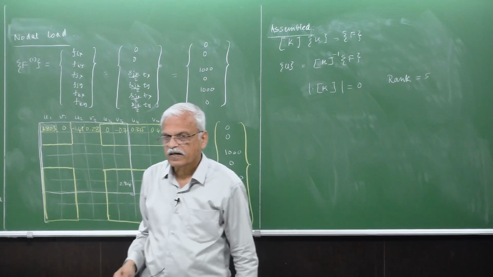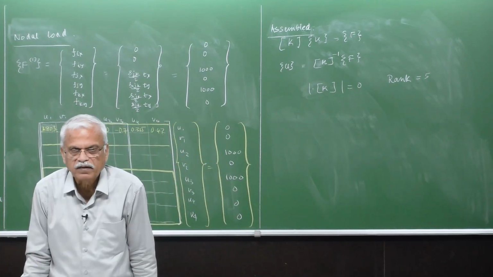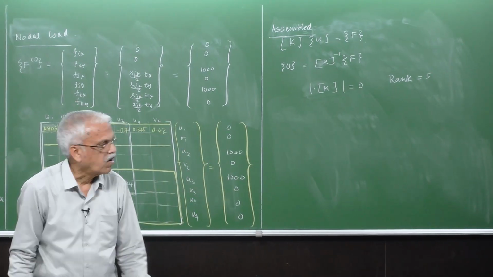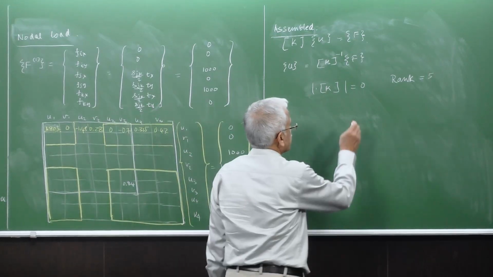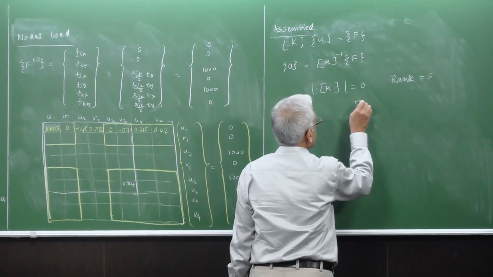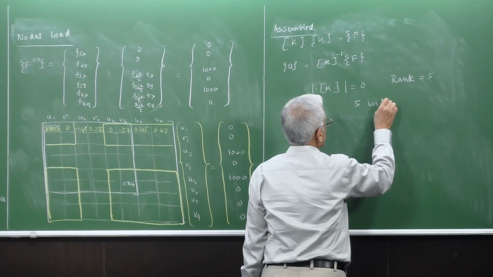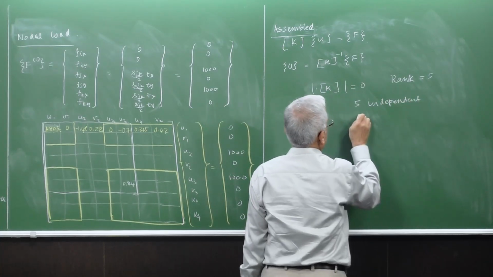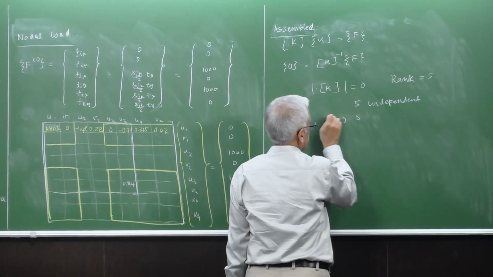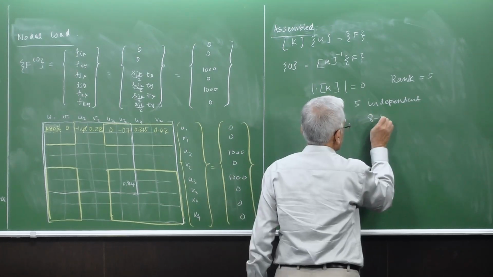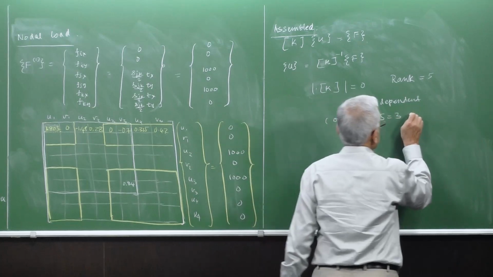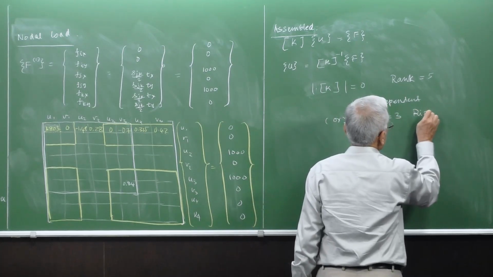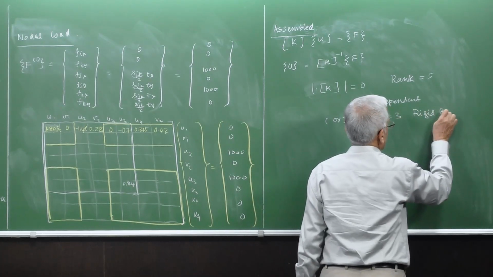So that means that there are 5 independent equations here, or we say that there are 8 minus 5, that is 3, rigid body modes.